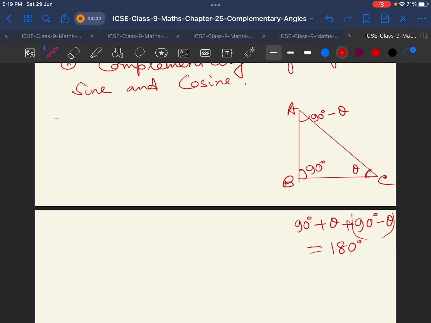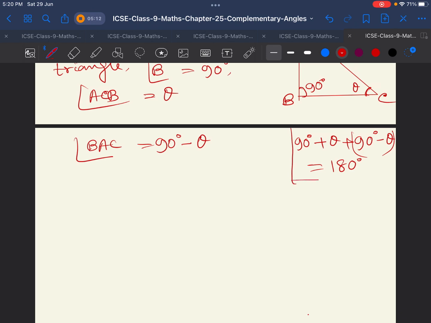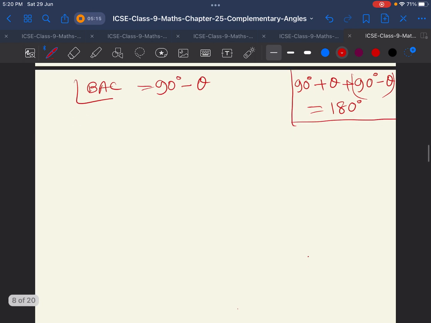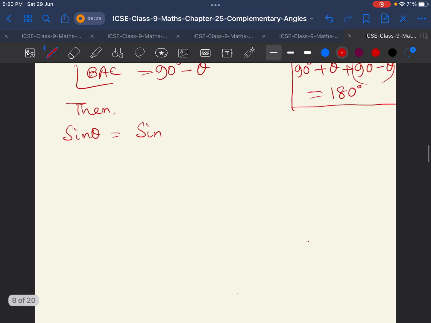Consider ABC a triangle. Here angle B is 90 degrees, angle ACB is theta and angle BAC is 90 minus theta. Then sin theta equals sin of angle ACB.